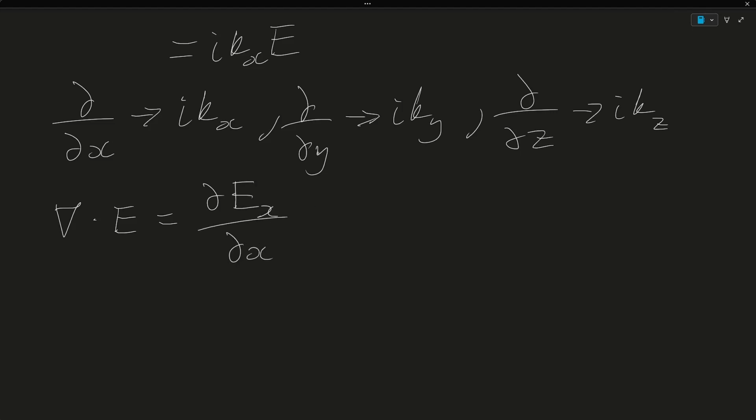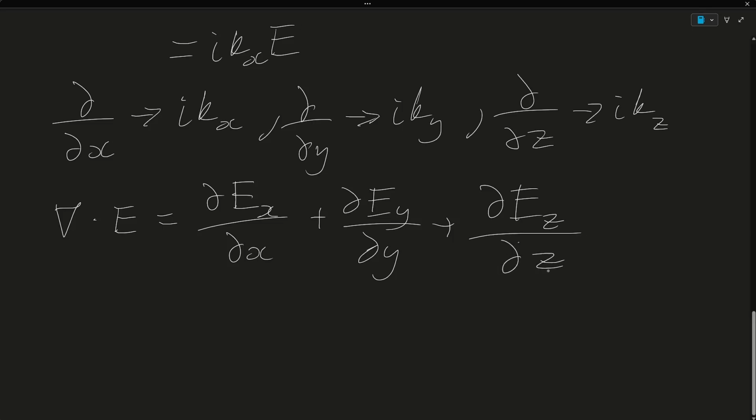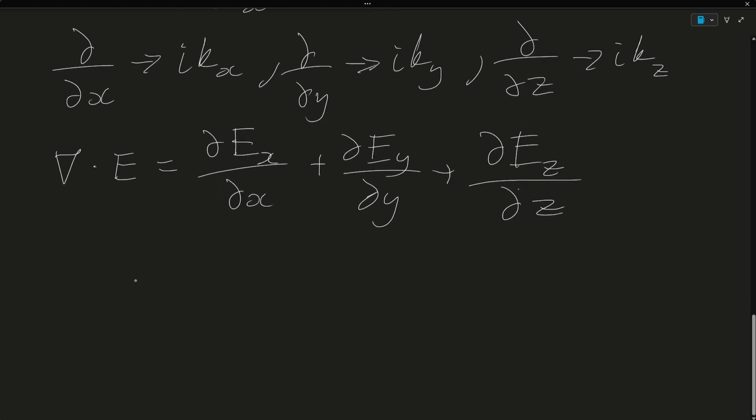So we have one with respect to x, because this is in R3, so we have x, y, and z. Obviously, those are just arbitrary names. It could be A, B, or C if you wanted. Ez with respect to z. So this is our definition of the divergence of E.